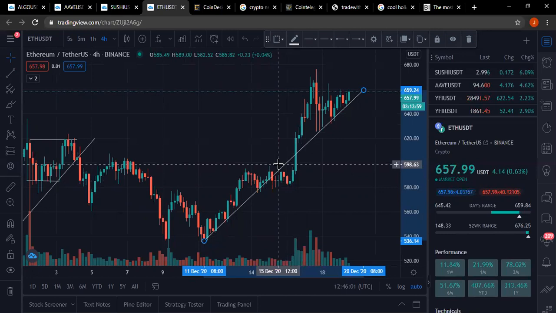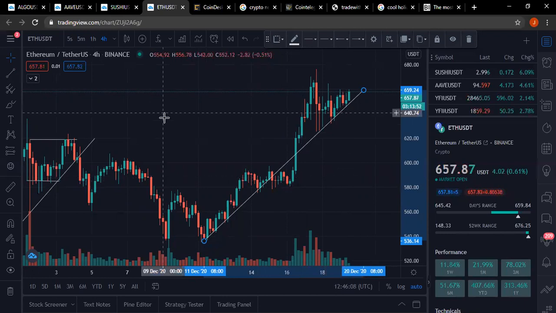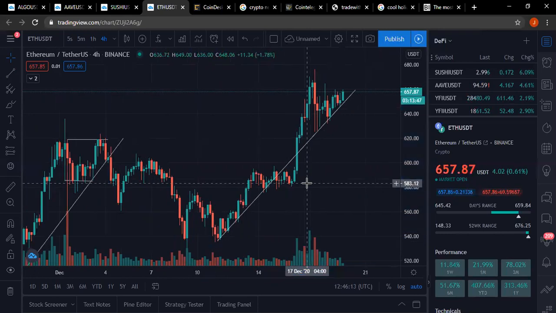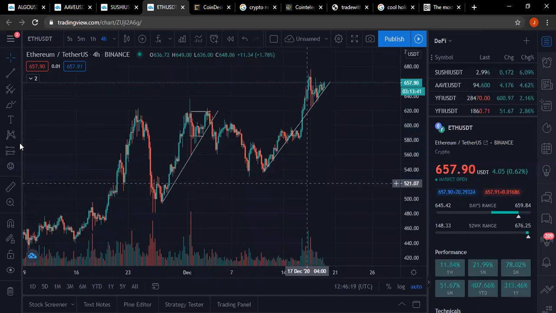That's one. And the second most important tool, or even not the first rather, is the one you use to draw support and resistance. How do you do that? You zoom in on the candlestick charts. So you go to this point.